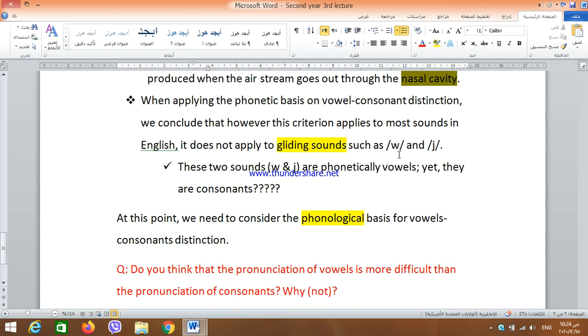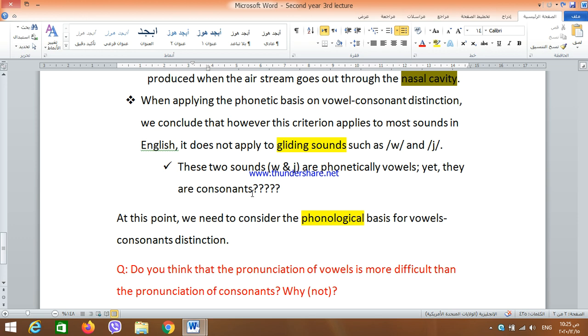Okay, so this is another difference between vowels and consonants. Actually, when applying the phonetic basis, that is, if there is obstruction or not, on the vowel consonant distinction, we conclude that, however, this criterion applies to most sounds in English, it does not apply to all. For example, to gliding sounds such as w and y. These two sounds are interestingly vowels from a phonetic point of view, because in the pronunciation of w and y there is no obstruction.